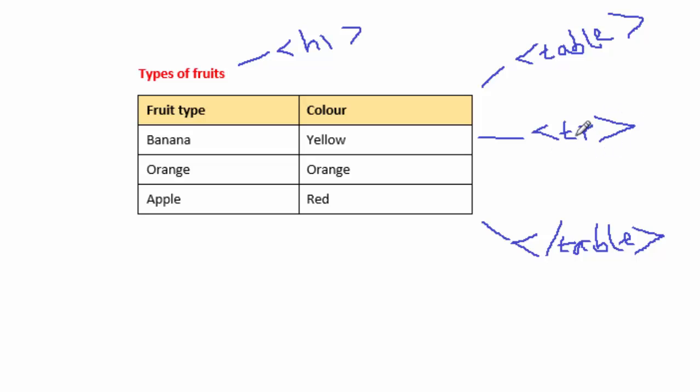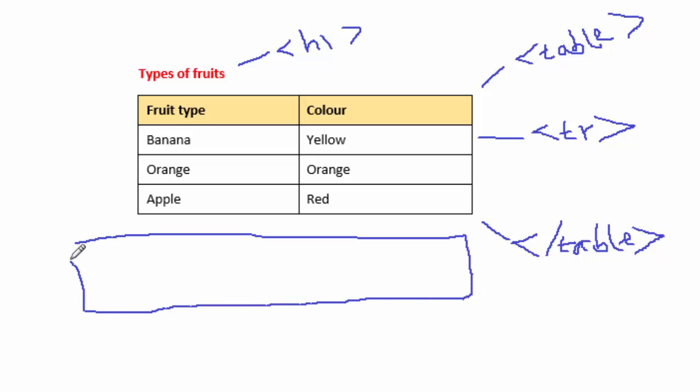So the next thing to do, once you have a row like this one, it will be a blank row where you are supposed to create these boxes. You see, like this is a box, this is a box. So these boxes are created within the rows in HTML language.